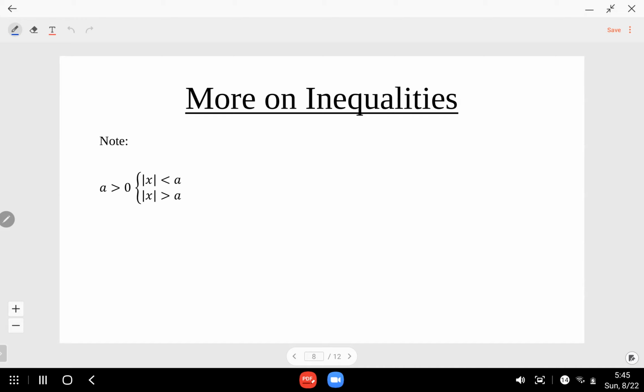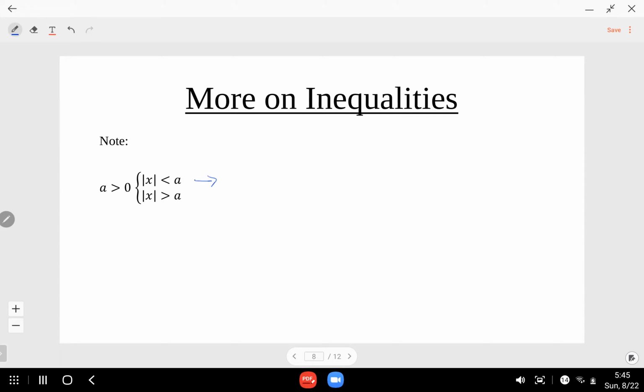Can anybody tell me what they know about absolute inequalities? All right. So let me tell you, this is extremely important, kids. If you do not know this, then be prepared to be doomed. So take out your notebooks and calmly write down this.